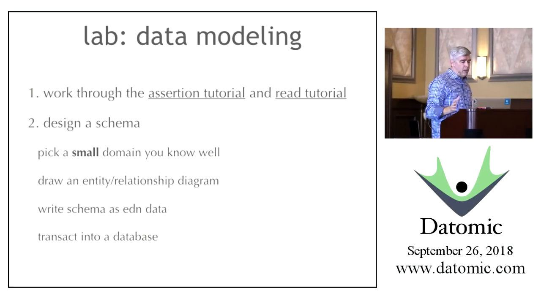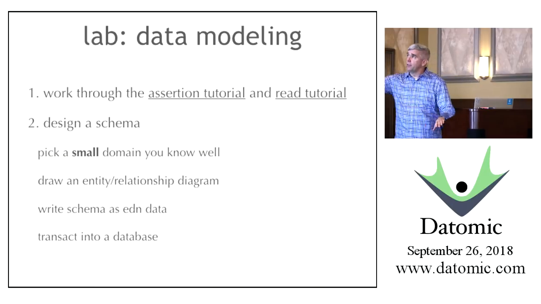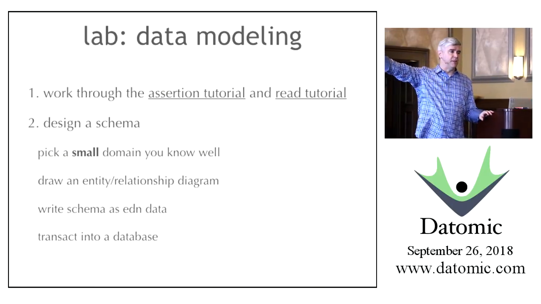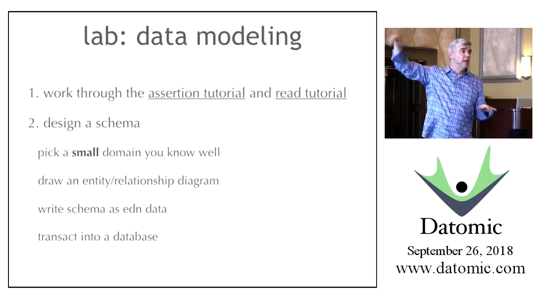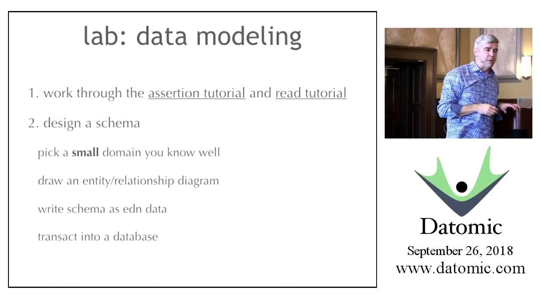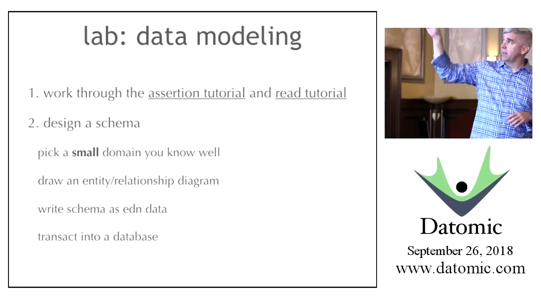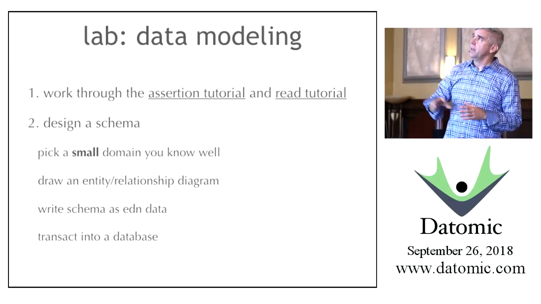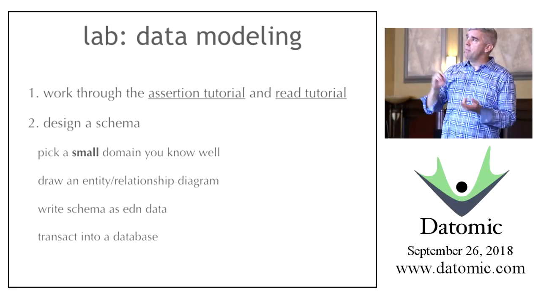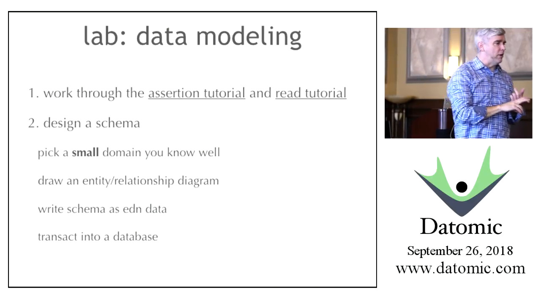Okay. So for the next lab, there's the follow-along portion, and then there's the be-inventive portion. The first portion, work through the assertion tutorial and the read tutorial to get a little bit more familiar with the Datomic API and putting data in. And you should be able to click on those links, and those should go to the tutorials. Then the second part is make your own schema. So pick a very small domain.